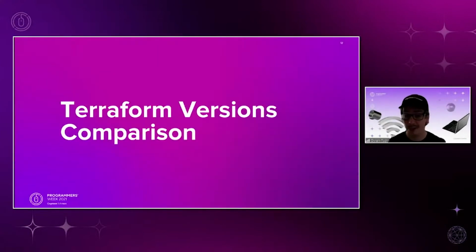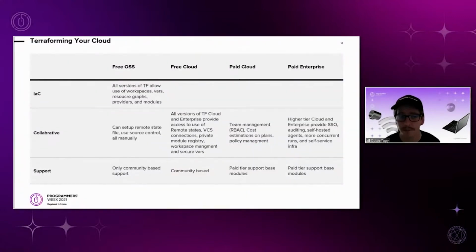So now I'd like to compare the versions. Like I said, there is a couple different ones out there. Some provide a lot more than others. And really, what we're working with here is a free open source version that is really realistically you running Terraform on your local laptop or computer.